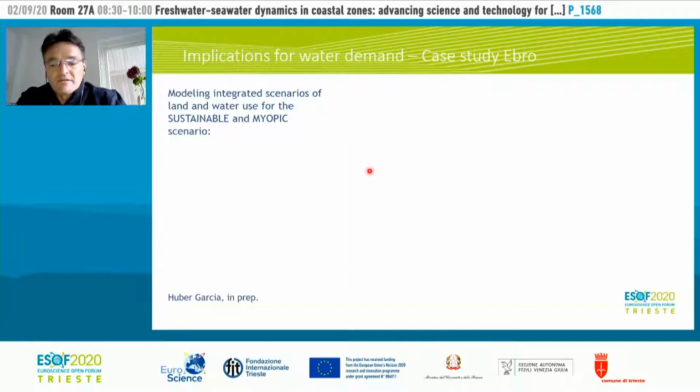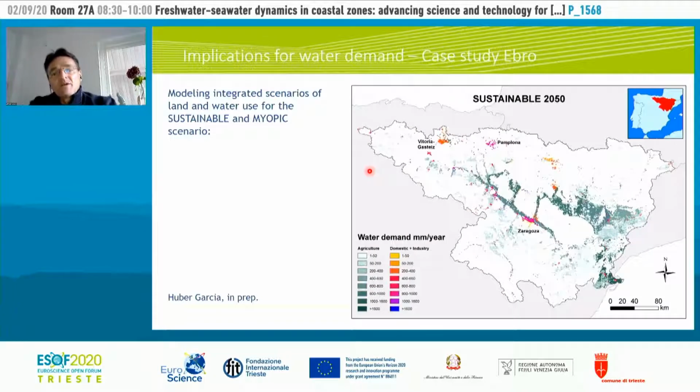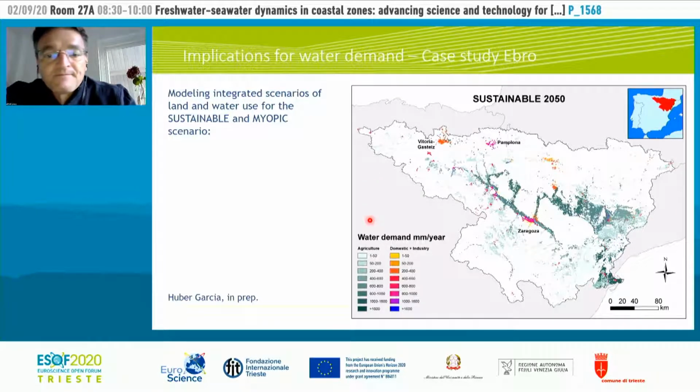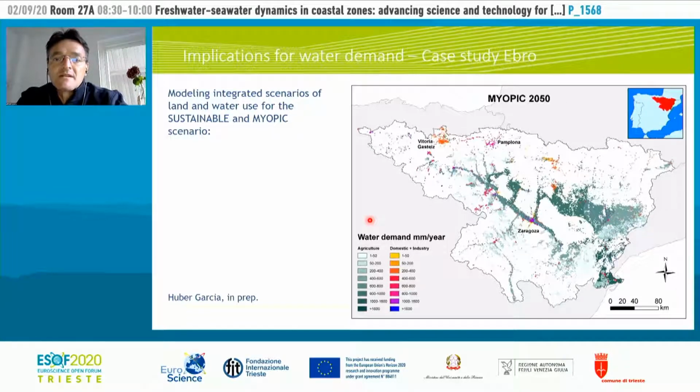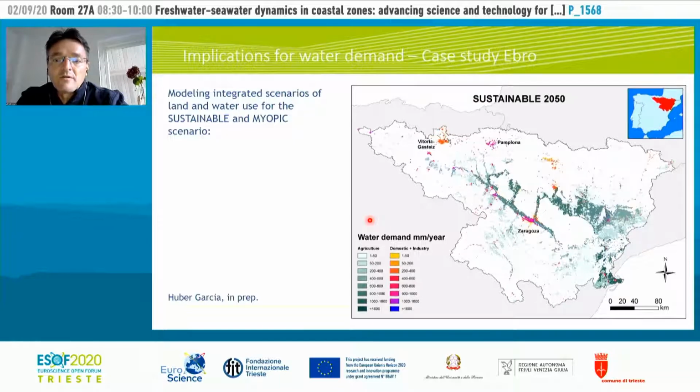And I would like to highlight this very briefly. So if we look at a sustainable scenario, and if we look into the year 2050, you see what is scaled here, the water demand in millimeters per year. And I flip over to the myopic scenario, and you can see, I'm going back and I'm going forth.